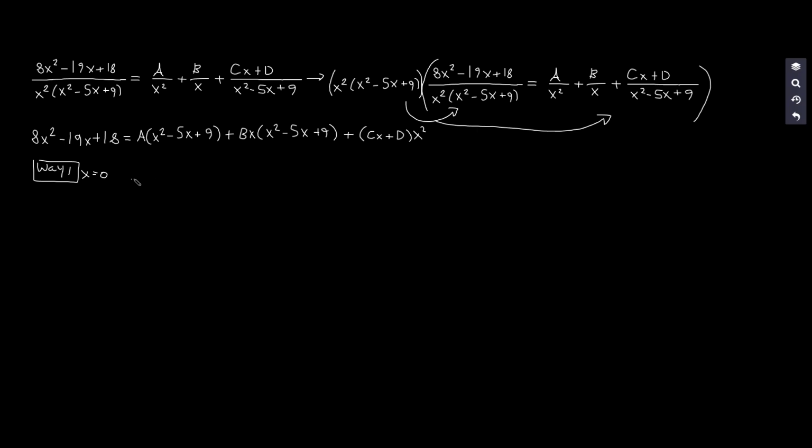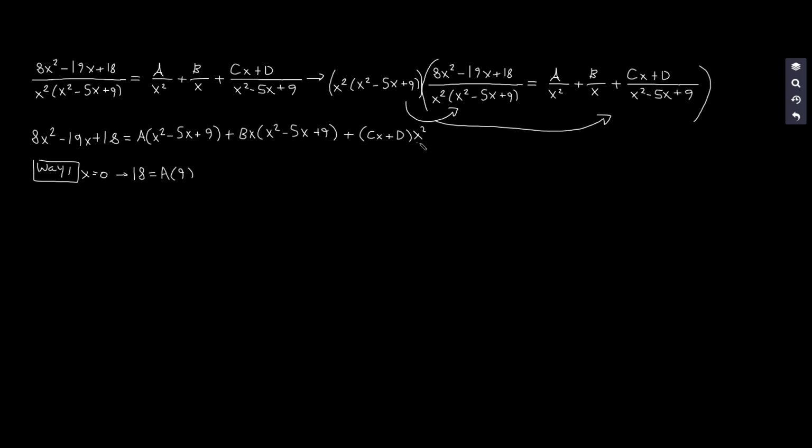On the left side of the equation, if we set x equal to 0, this is going to 0, that's going to 0, and we're going to be left with 18 on the left-hand side of the equation. On the right-hand side of the equation, let's see, 0, 0, 8 times 9 plus 0 times 0 times 0, 0 times 9, 0, plus this is going to be 0.